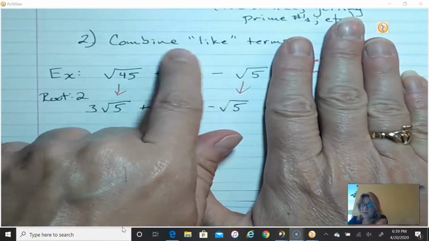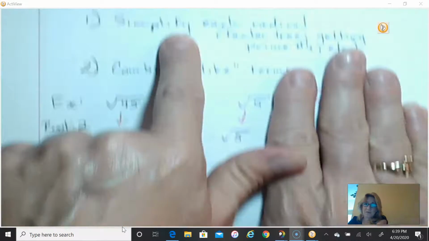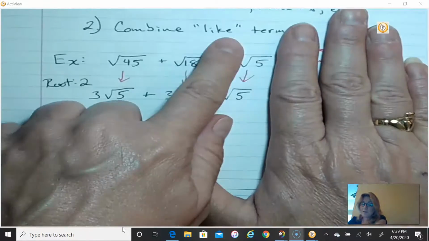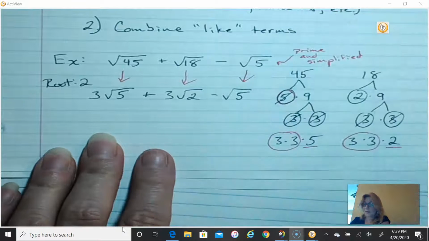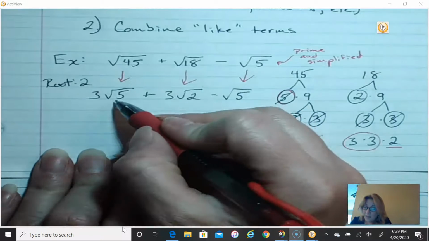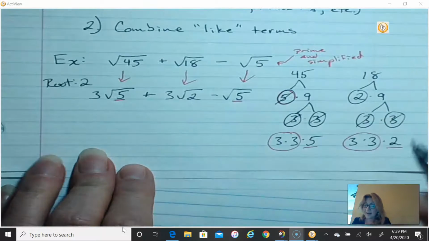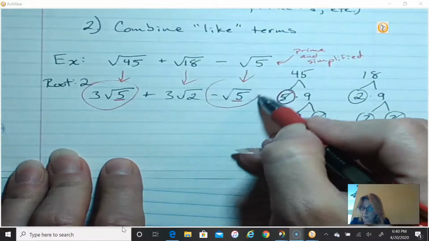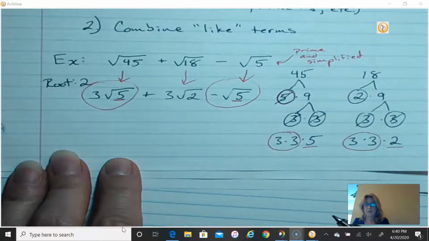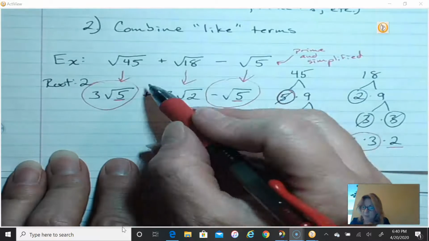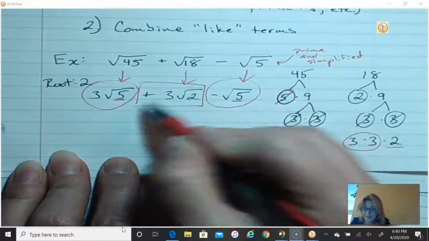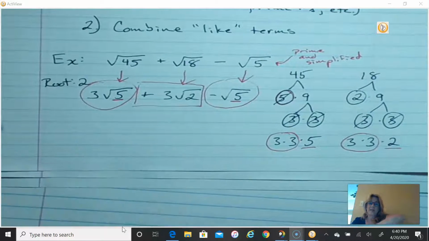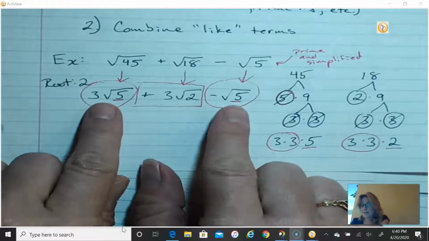Step 1, we simplified everything. Step 2 is combine like terms, like radicals. This and this are the same. Remember how I used to circle them with the sign included? And then like this, I would box. Remember this, guys? Including the sign. This is not the same as these.